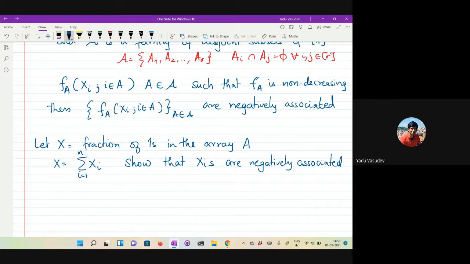And getting the concentration bound for x will give me a concentration bound for z as well, because the fraction of ones plus the fraction of zeros is the entire set, which is equal to 1. Yeah, correct. So let's see why these are negatively associated.